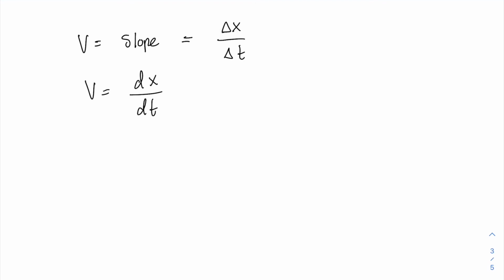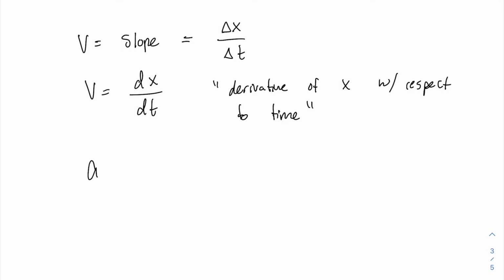What we really need to know is that velocity is the slope of the position versus time graph, which is delta x over delta t, and derivatives are just fancy ways of finding slope. So velocity is the derivative of x with respect to time. Given that, you can probably figure out that acceleration is the derivative of velocity with respect to time.